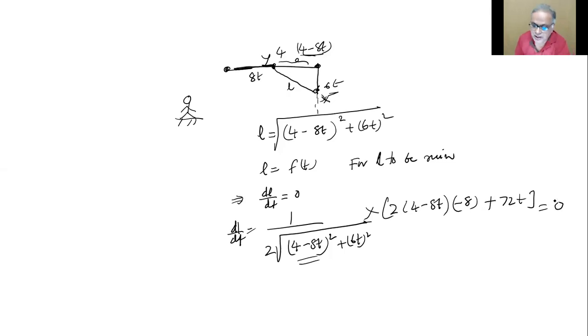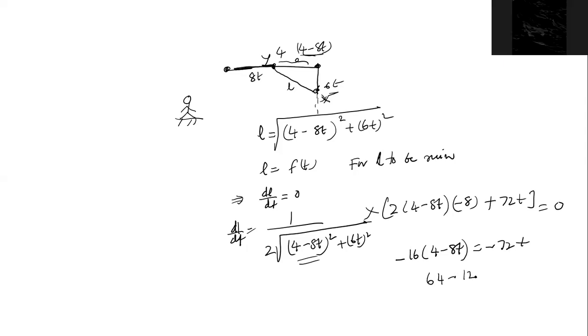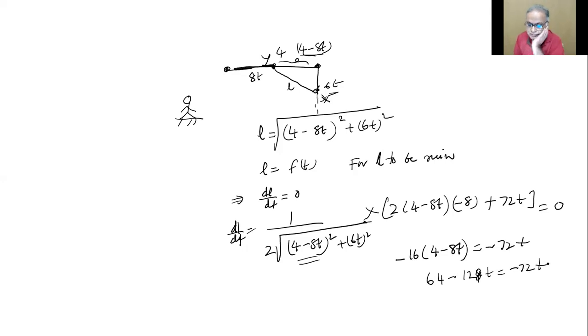Those who did not follow the whole calculation, just don't worry. So what do I get? Minus 16 into (4 minus 8t) is equal to what? 64 minus 16 into 8t, that is 128t, is equal to minus 72t.